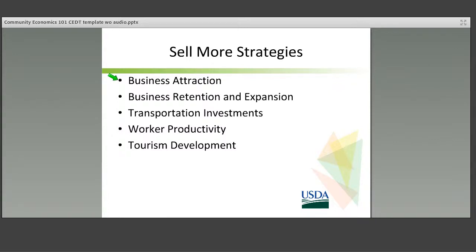Sometimes what I find is that communities may be overly ambitious in that regard and may be looking to attract a type of business that doesn't really fit that community. It has to make dollars and cents, bottom line, be attractive to that business to be able to convince them to move to that area.